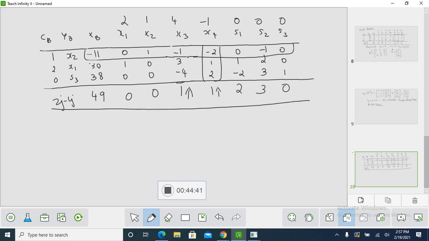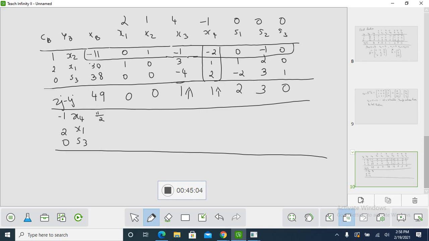We will have an x4. We will have an x1. We are going to have still s3. Now see, what is the x4 value? Minus 1, 2, 0. Is it minus 1, 2, 0? X4 is minus 1. Then minus 11 by minus 2 is 11 by 2.